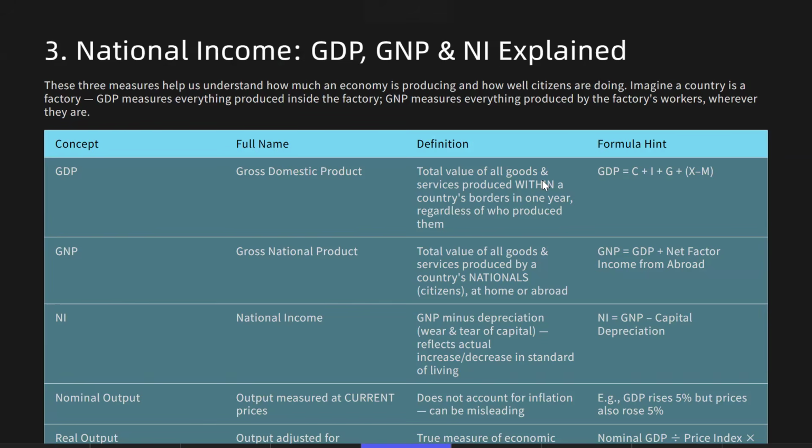Now, national income is the total amount of the final goods and services produced within a country plus any income earned from abroad.